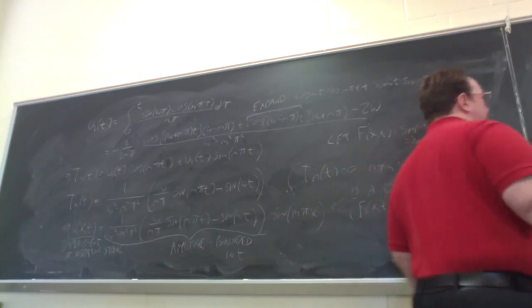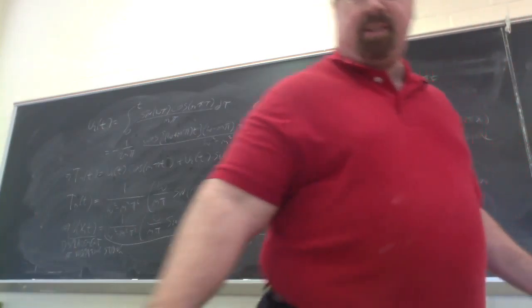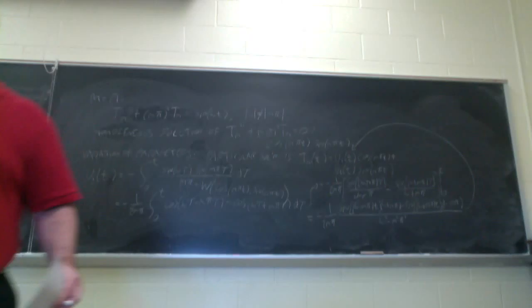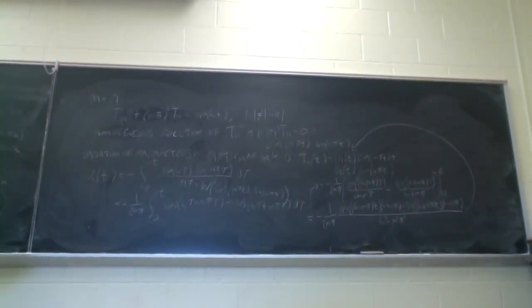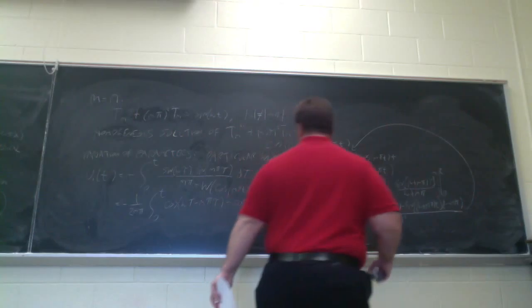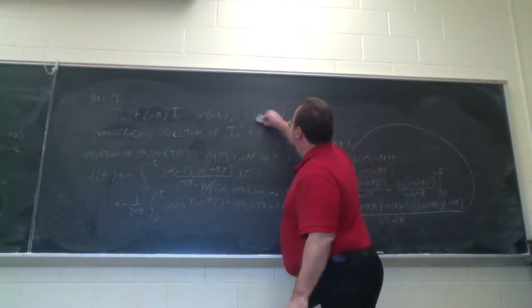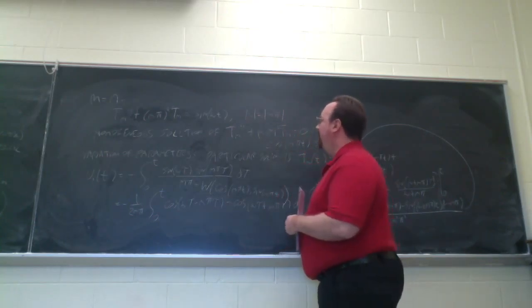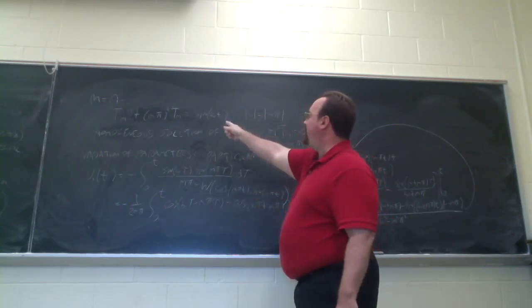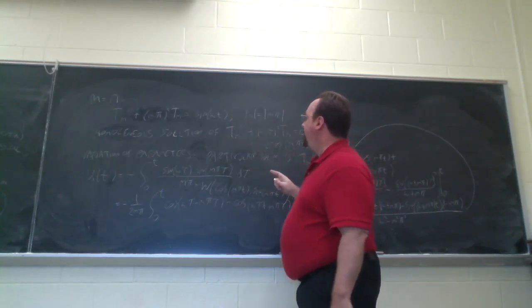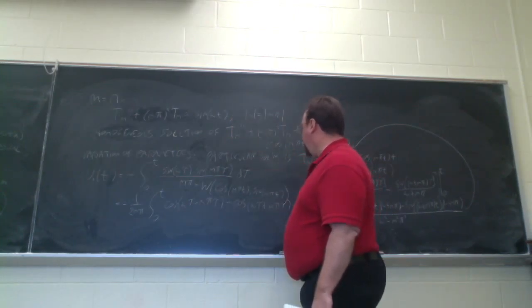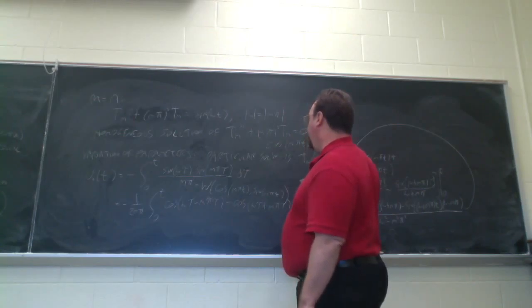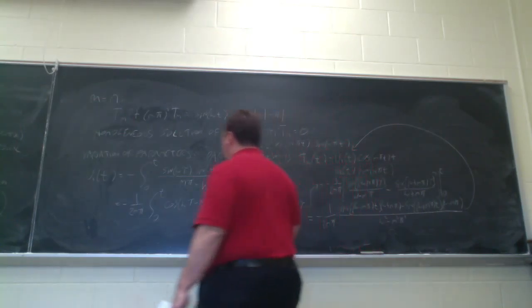So for that, actually, what I originally wrote here is correct: omega equals m pi in absolute value. We're still solving the same ODE, and we still use variation of parameters.